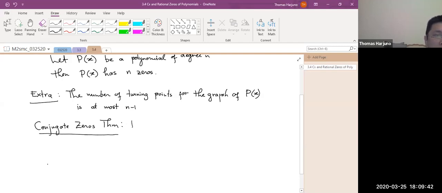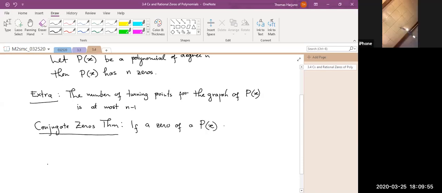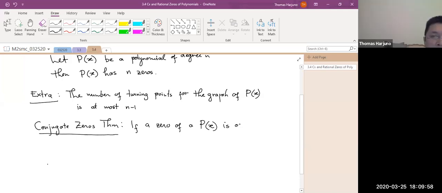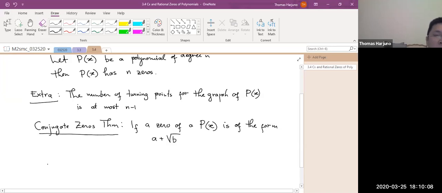It says the following: if a zero of a polynomial is of the form a plus square root of b, then its conjugate is also a zero of P(x).